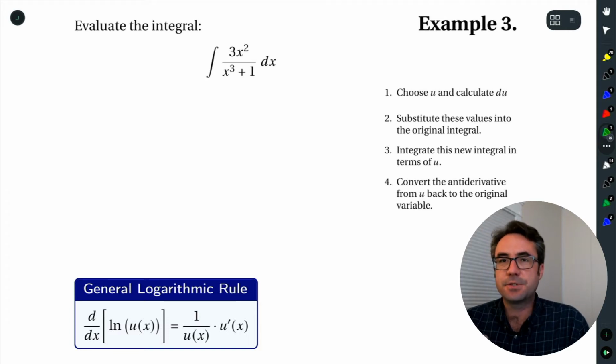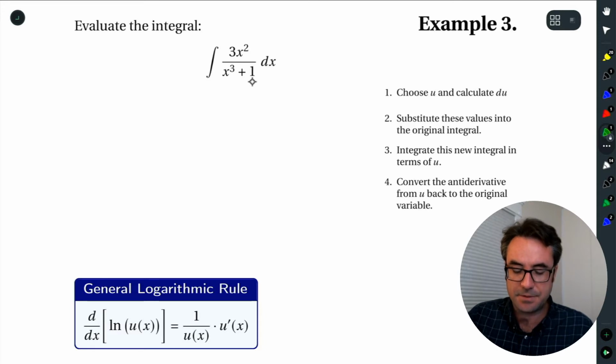All right, so first step, we want to choose u. We want to think about what we could possibly pick for u. Some of these things are not necessary, but they're helpful. When we have a complicated looking function like this, it helps to break the function apart into its different pieces.